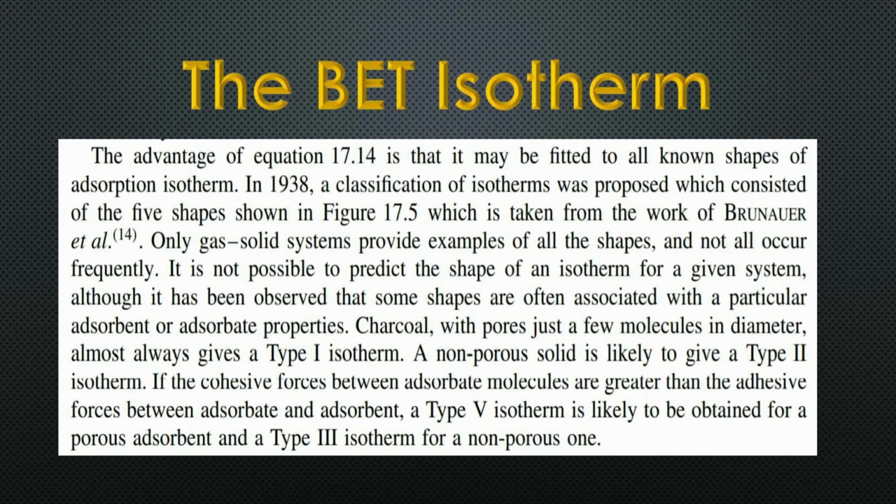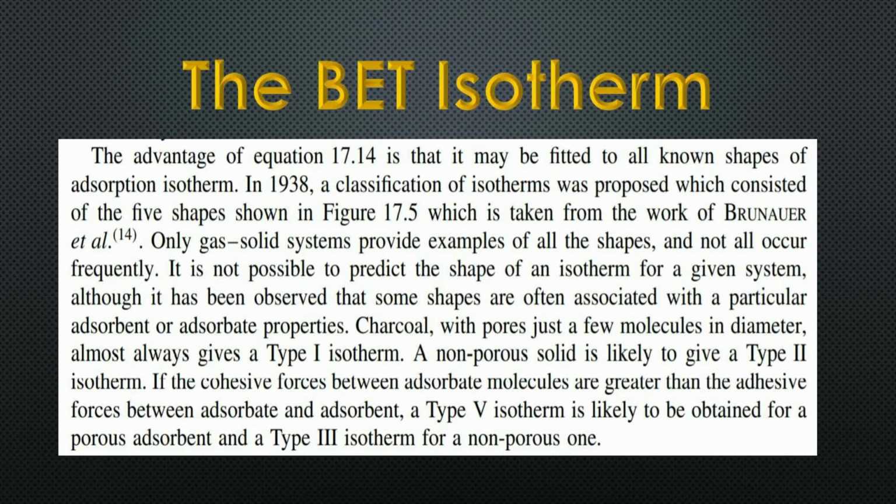In 1938, a classification of isotherms was proposed which consisted of the 5 shapes shown in figure 17.5, which is taken from the work of Brunauer. Only gas-solid systems provide examples of all the shapes, and not all occur frequently. It is not possible to predict the shape of an isotherm for a given system, although it has been observed that some shapes are often associated with particular adsorbent or adsorbate properties.